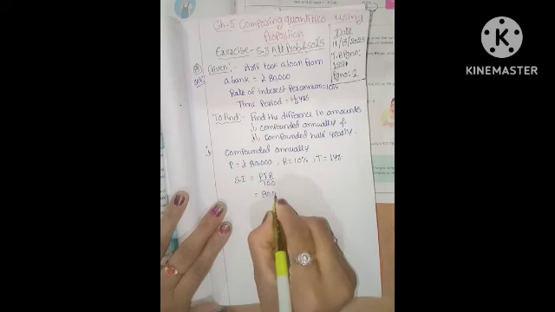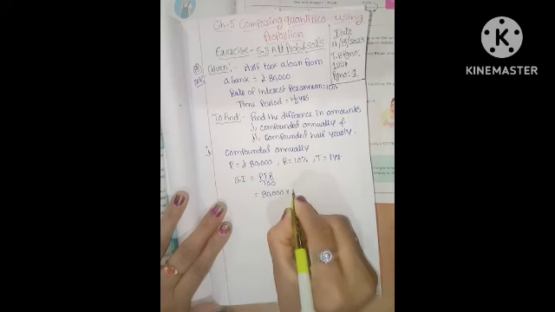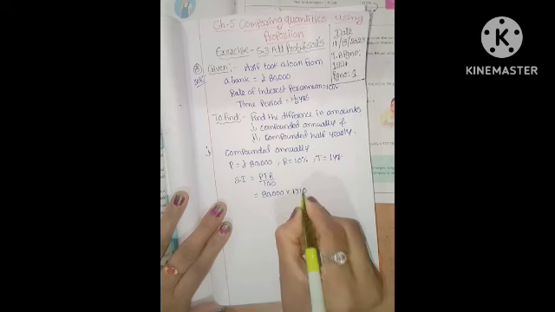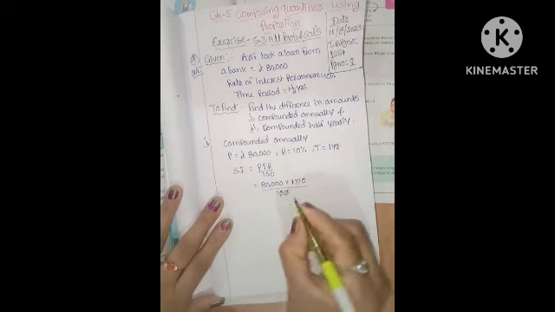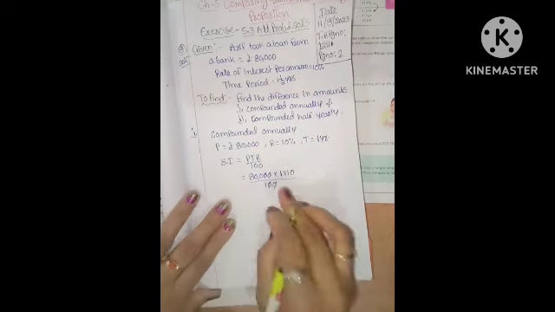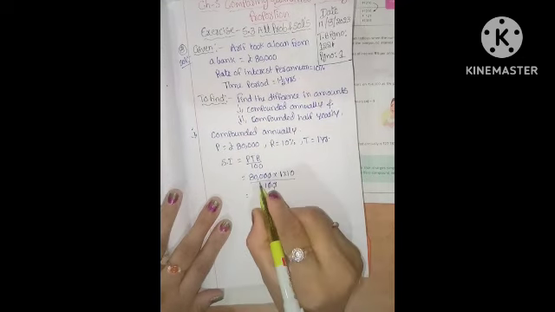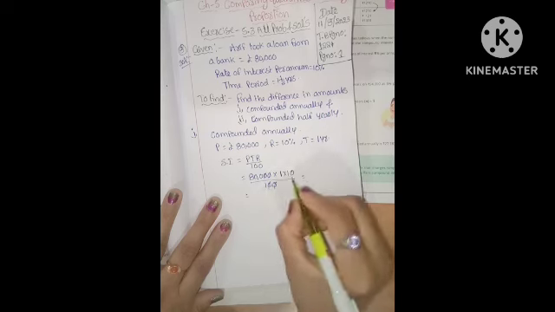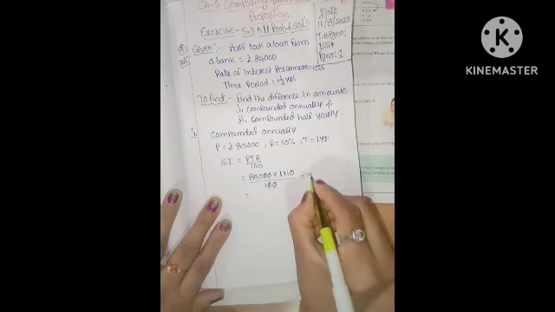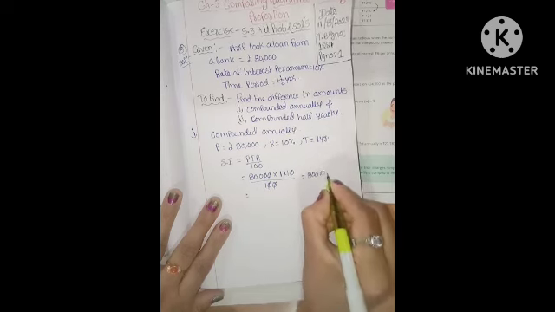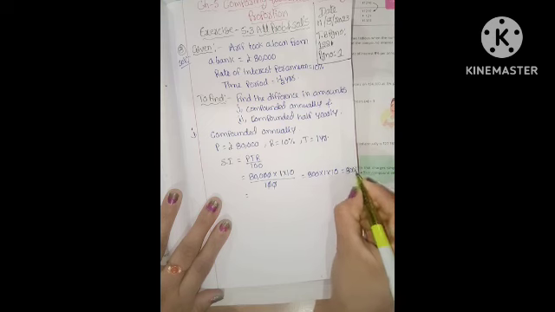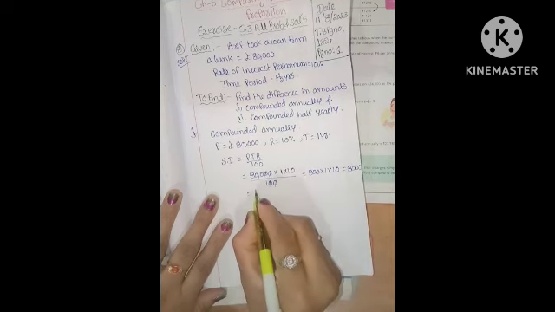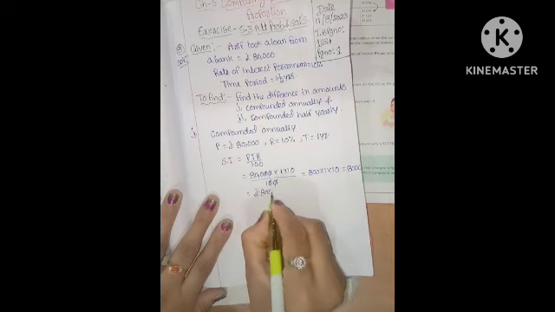P is 80,000 into T is 1 year into rate of interest 10 by 100. Zeros cancel. Simplify: 800 into 1 into 10 equals 8,000 rupees. Simple interest is 8,000.